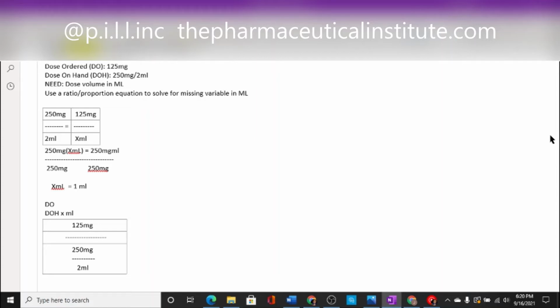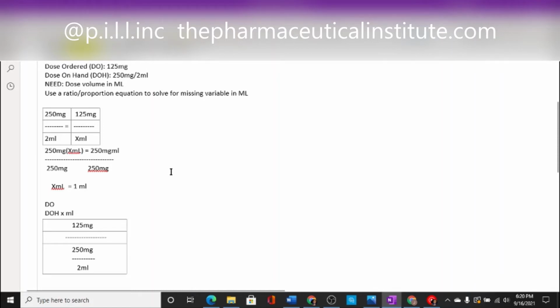We then cross multiply our 250 milligram stock dose by our unknown variable of n milliliters. And then we multiply our 125 milligram dose ordered by 2 milliliters of the stock dose. That gives 250 milligrams per unknown milliliters on one side, and 250 milligrams per 2 milliliters times 125 on the other.